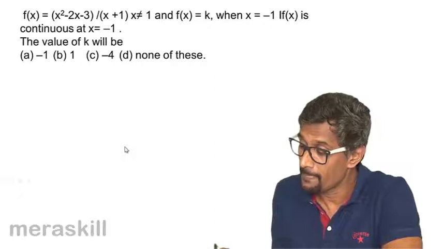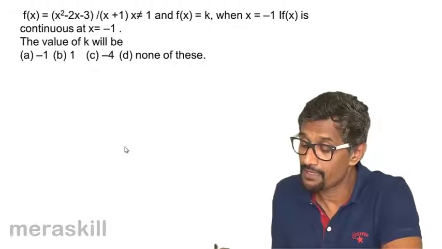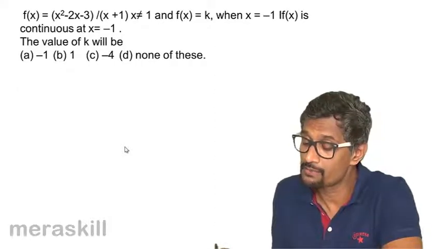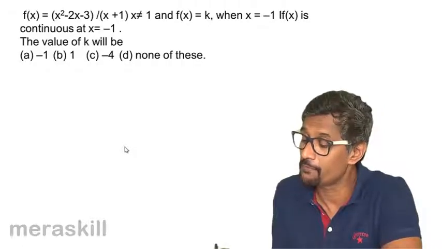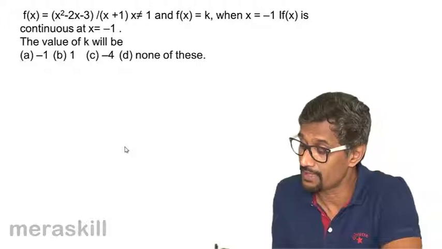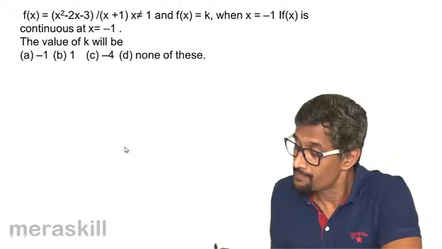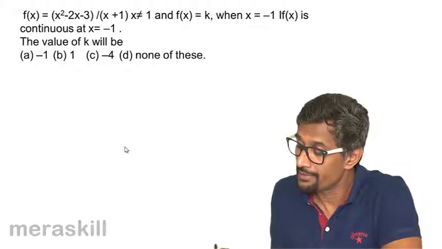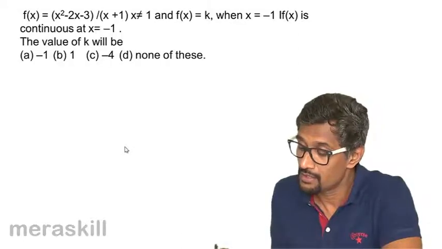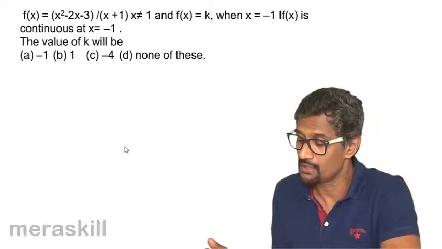Okay. Now here f of x is equal to x square minus 2x minus 3 divided by x plus 1 whenever x is not equal to 1, and f of x is equal to k when x is equal to minus 1. If f of x is continuous at x is equal to minus 1.